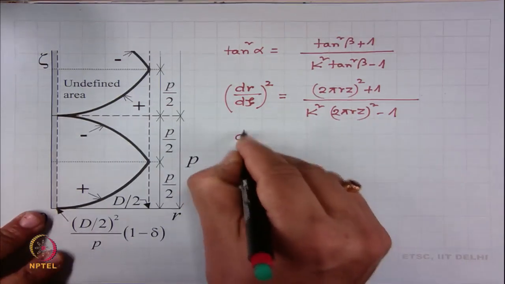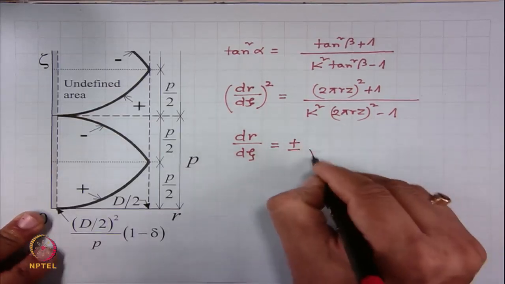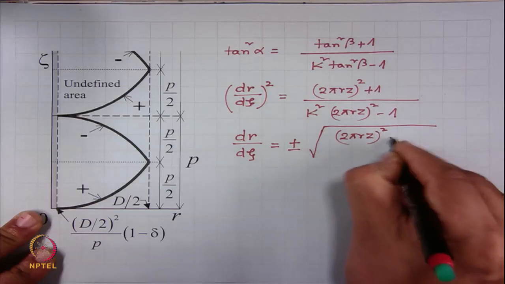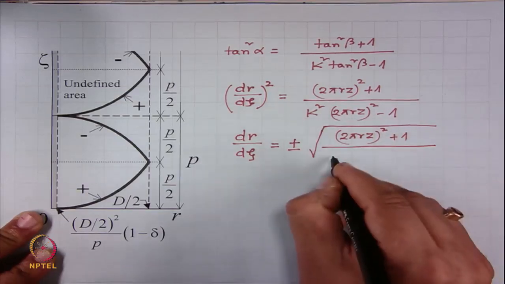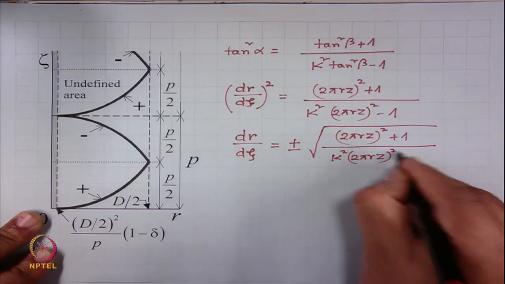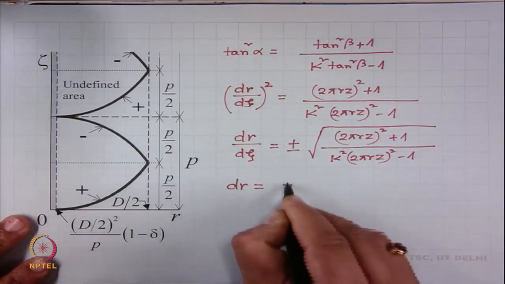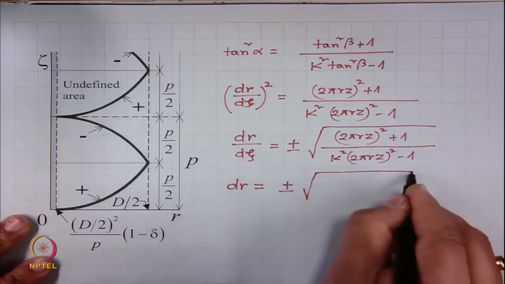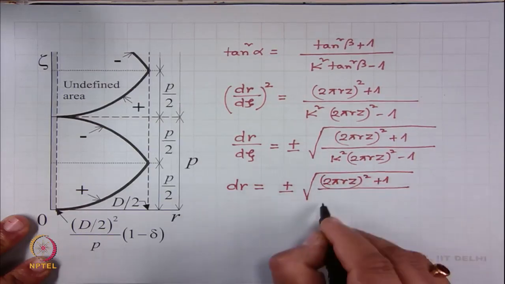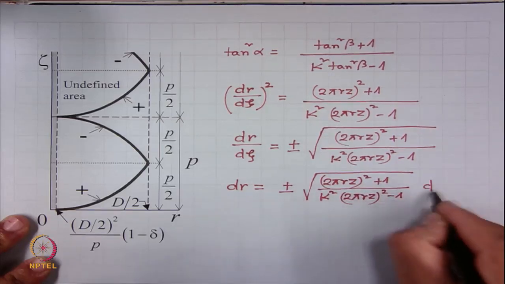So, dr by d zeta is plus minus square root of (2 pi rz square plus 1) over (k square (2 pi rz square minus 1)). So, dr is equal to plus minus that into d zeta.